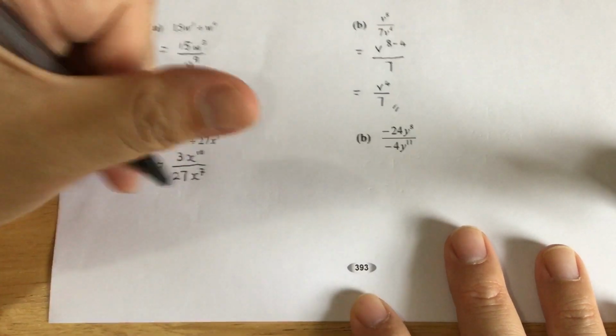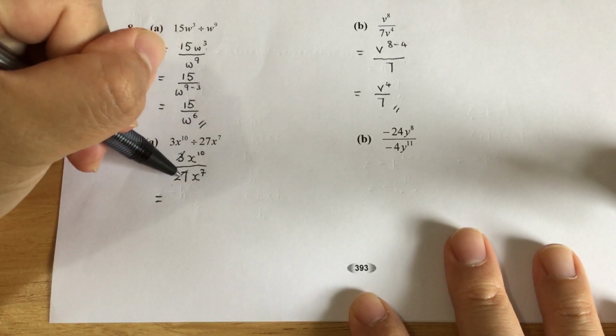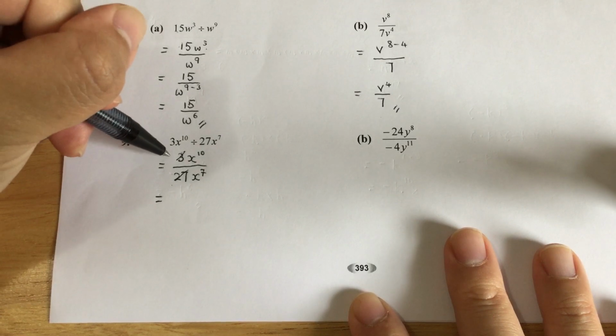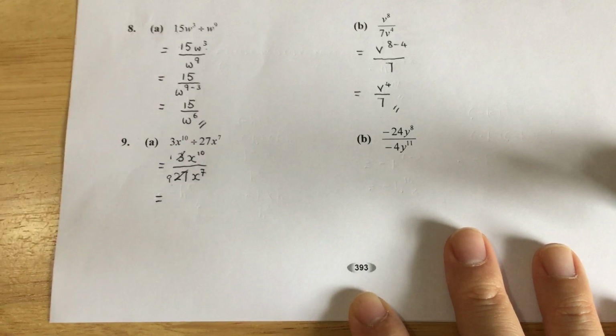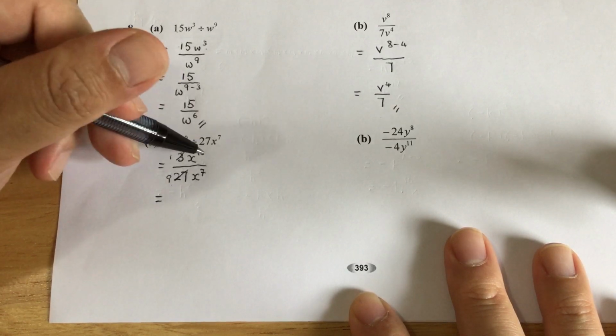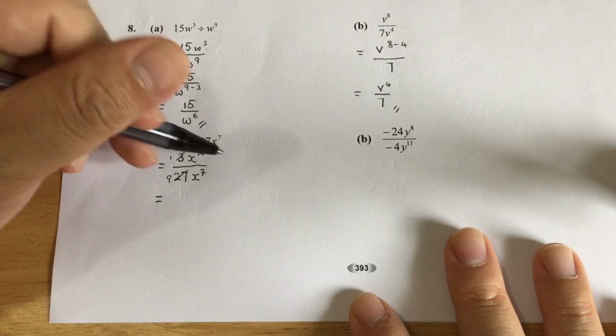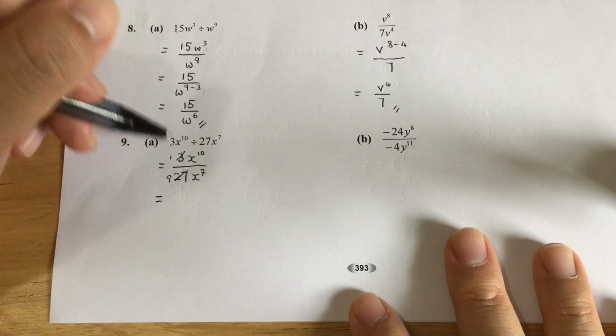Okay, so let's do it one by one. First of all, 3 and 27 gives 1 and 9. So immediately you know that the 9 is in the denominator. 1 times something is the same, so we do not write anything on it, except when everything is cancelled in the numerator, so we need to write 1.